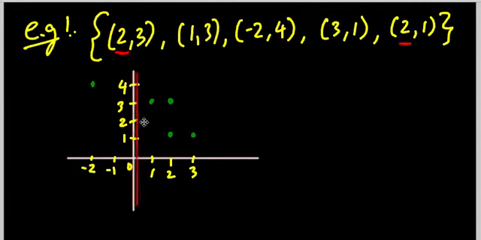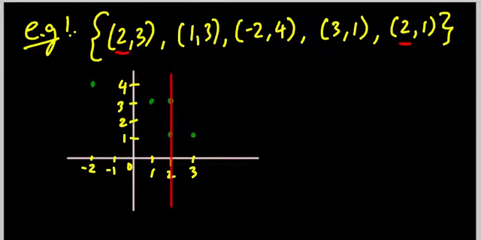I keep going, I keep going, I keep going, and I look at 1. I see for the input of 1, I have only one output, which is a value of 3. And since there's only one green dot, it passes there. But then when I slide it across this one, for the input of 2, I see 2 green dots. In other words, it totally fails the vertical line test. So I don't even need to go to the next one, because as long as it fails at one spot, then the whole thing is not a function.